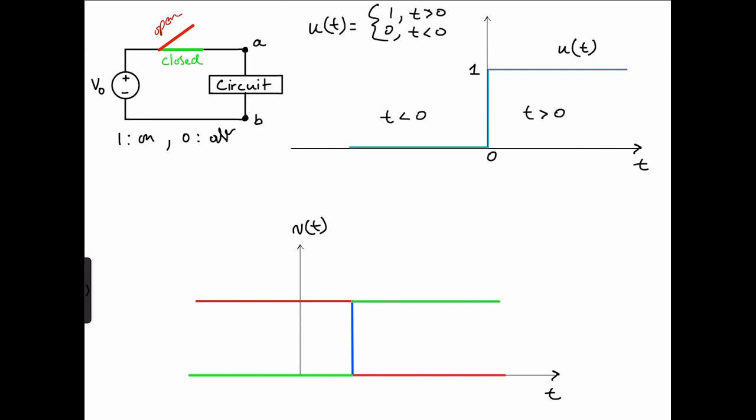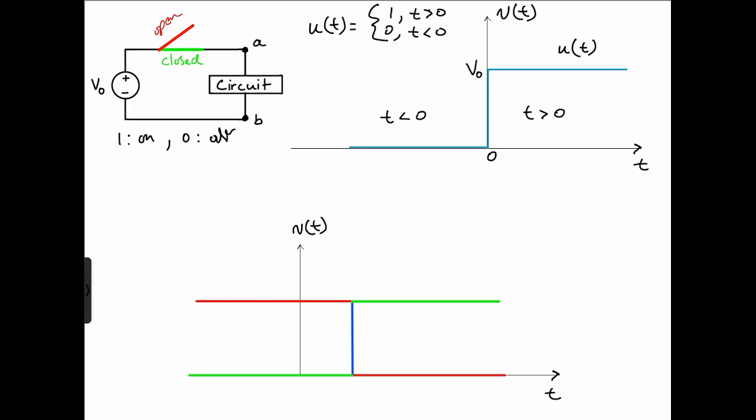Now, if we include our circuit, we can say that voltage becomes a function of time based on our switching action. So we'd call this V of t. The magnitude would be that when the switch is closed, the circuit would see a magnitude of V0, which is the value of the voltage source.